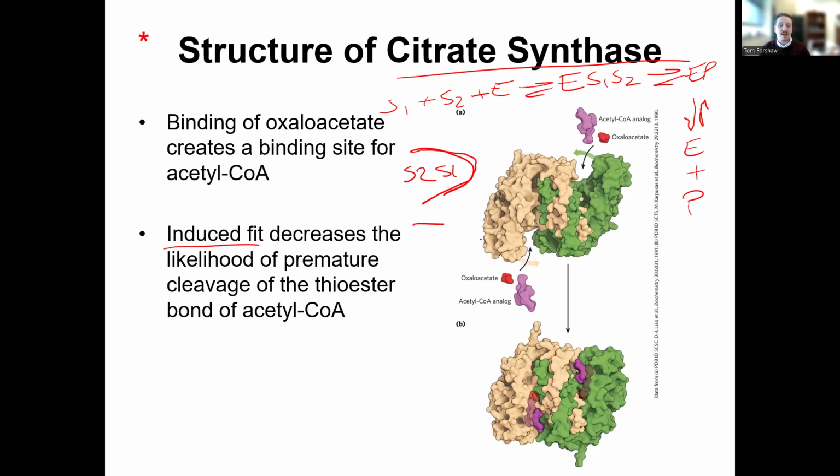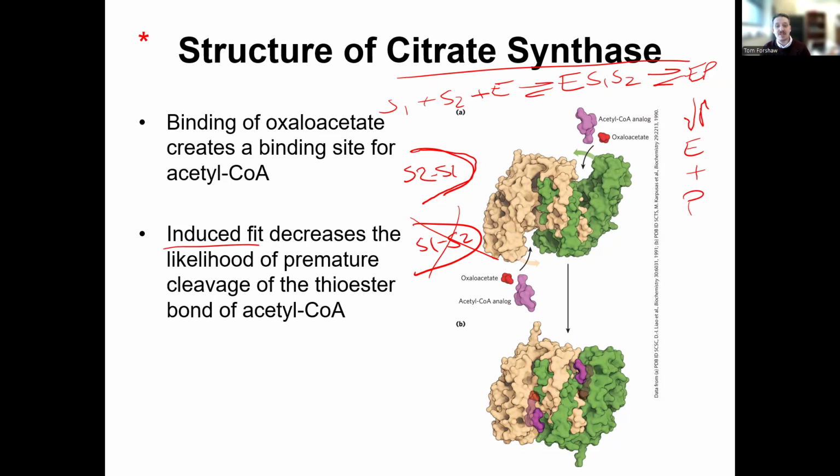It wouldn't work if it was substrate 2 and then substrate 1, because they're not orientated correctly for the reaction to occur. In order to facilitate that, oxaloacetate needs to bind first, and then acetyl-CoA, so that they are properly orientated within the enzyme.